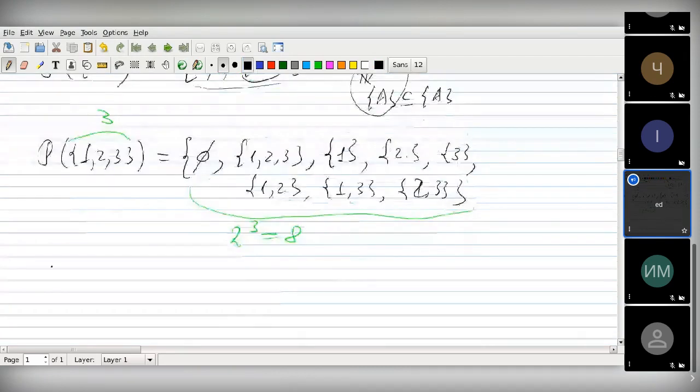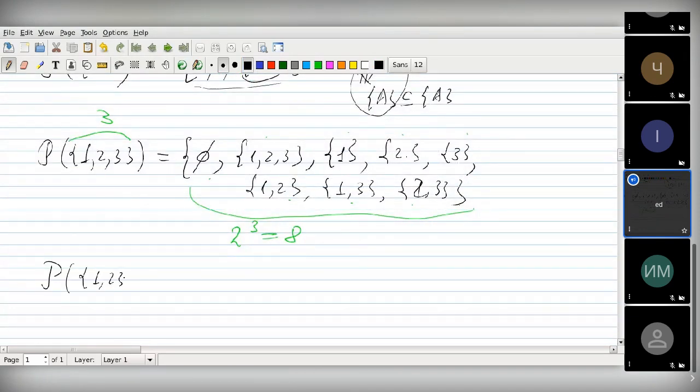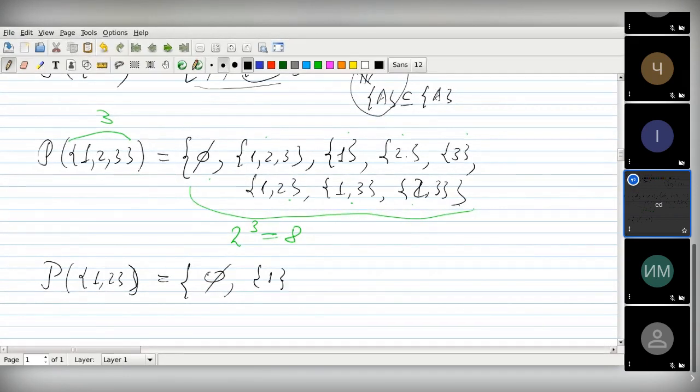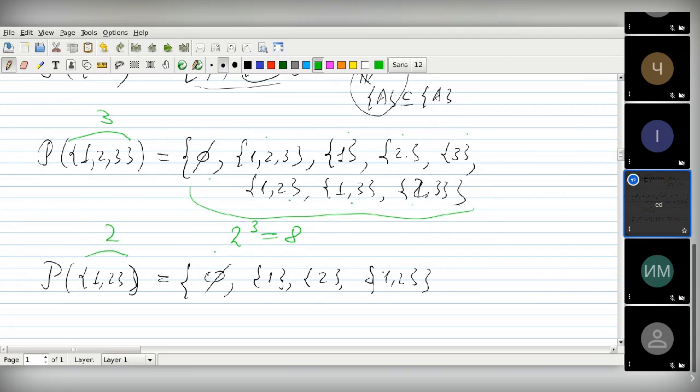And what if you take just 2 elements? What are the subsets? Please name them. Empty, the 2 singletons, of course, and the set itself. So here we have 4 elements, that is 2 to the power 2.